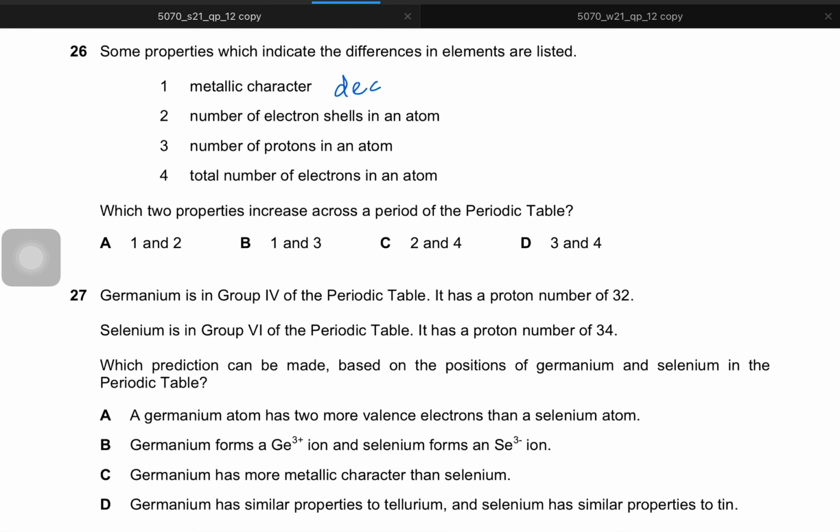The number of electron shells within the same period remains the same. The number of protons in an atom increases, because when you're moving to the next group, you have more electrons in total and more protons. So 3 and 4 is the answer. You get more electrons in total, more electrons in the outer shell, and overall more protons.